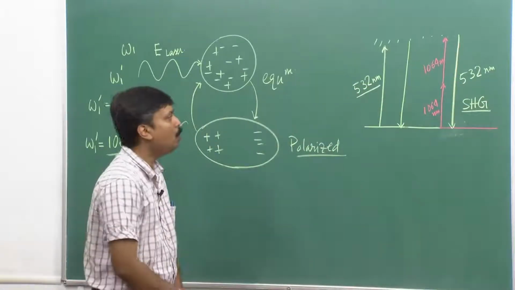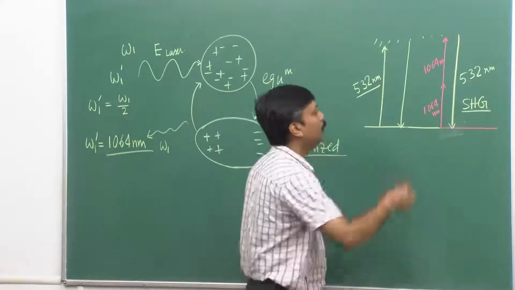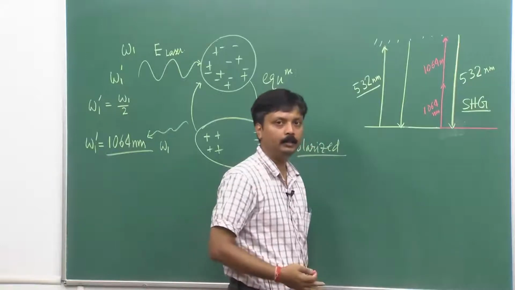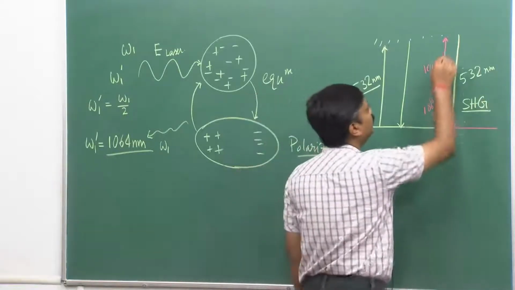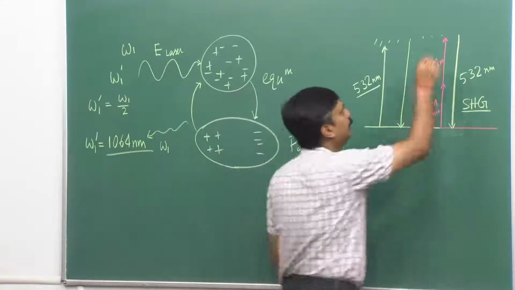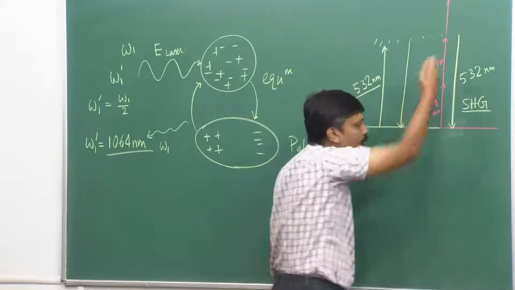Okay. Now, it is done that if I have sufficient photon density from a high intensity laser, it may not stop here. In some cases, it can take another one photon here and it can come back.